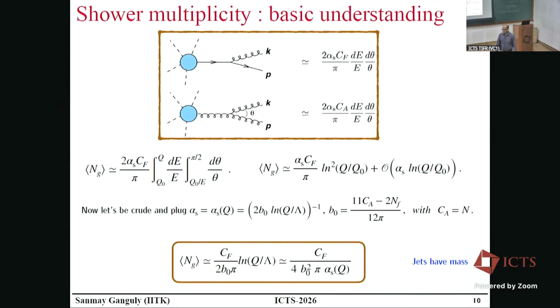It's not a physical statement, it's about the formalism. Absolutely, my formalism breaks down when I go below Q0. And similarly, the same scale Q0 puts an angular cutoff. Okay, good. So please stop me whenever you have a question.